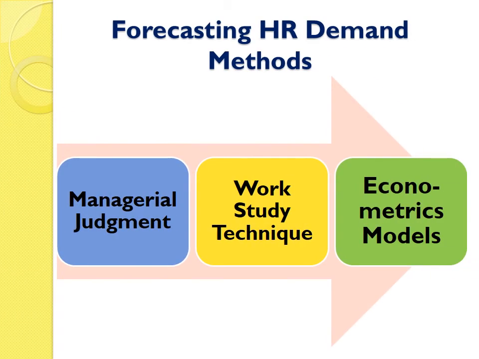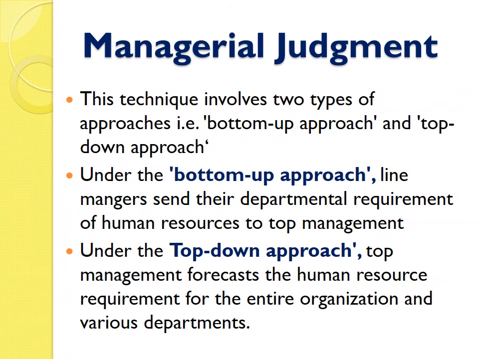Now move to the next slide. Forecasting human resource demand methods. The first point is managerial judgment. The second point is work study technique. And the third point is econometric models. The first method is managerial judgment.